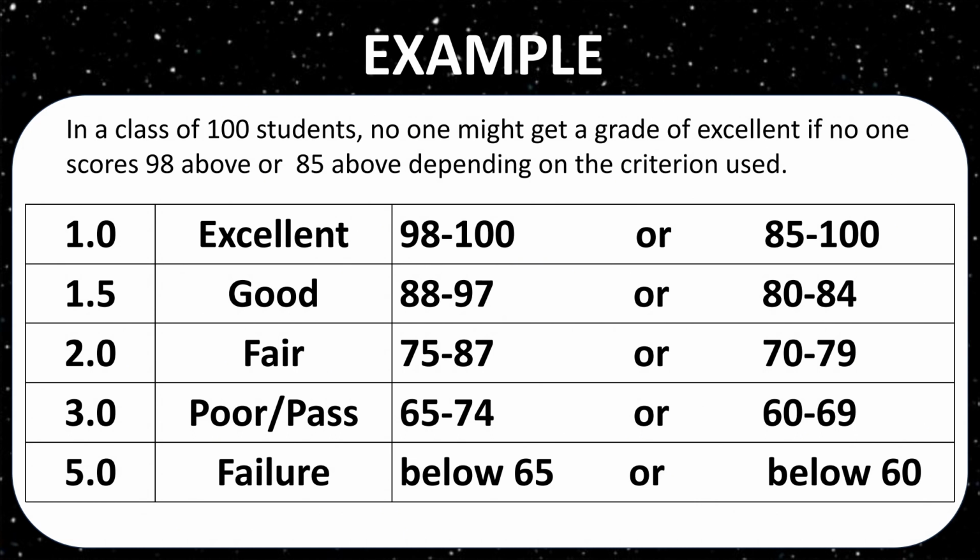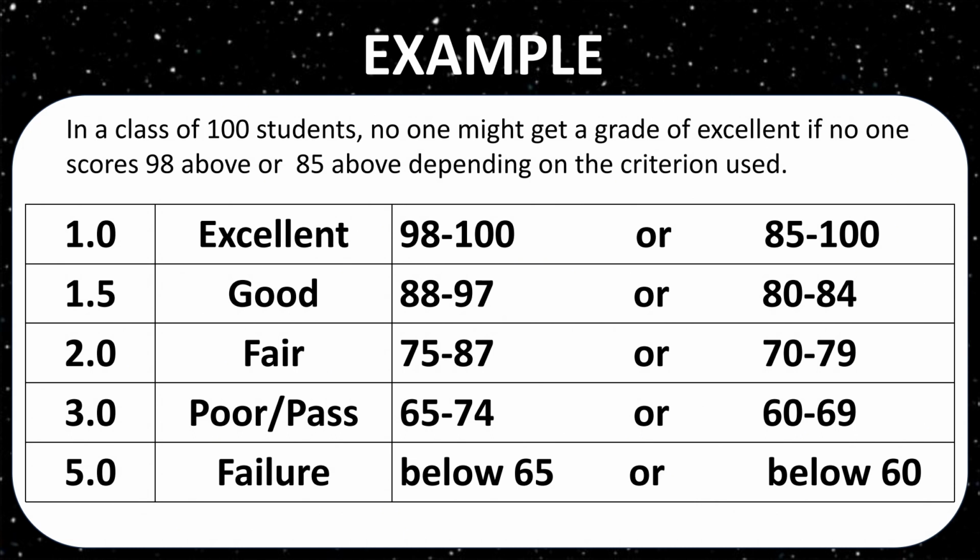So here's an example of a criterion-referenced grading system. As you can see on the screen, we have a table there with numerical values. We have flat 1, which means excellent, equivalent to 98 to 100 or 85 to 100.